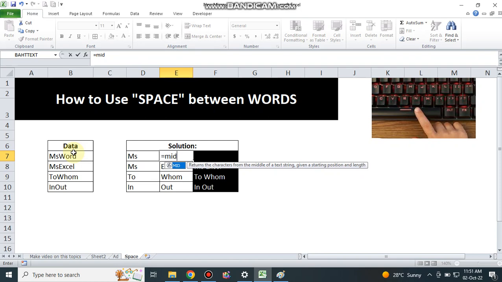Therefore I use the mid formula: equal to mid, bracket open, select this, comma, M is 1, S is 2, W is 3, comma, and I can write 10. 10 means you can write 100 as well, you can write 20, 30, anything, because if the word has a maximum of 10 alphabets it comes, therefore I use 10.